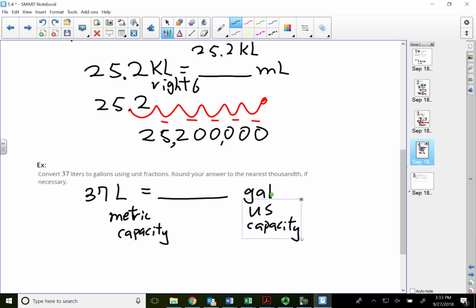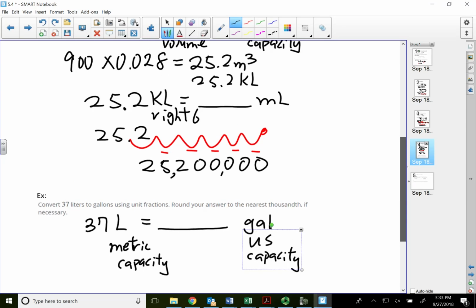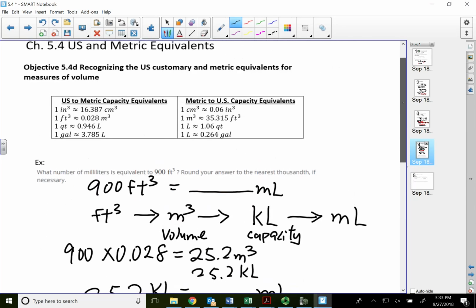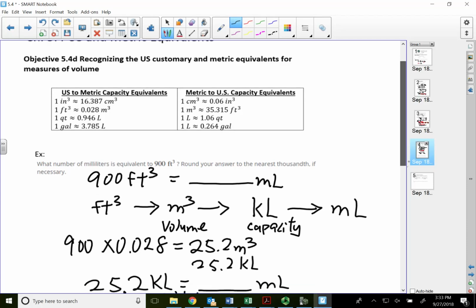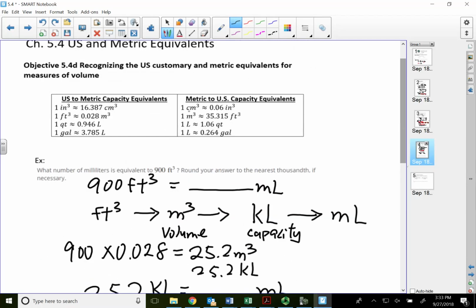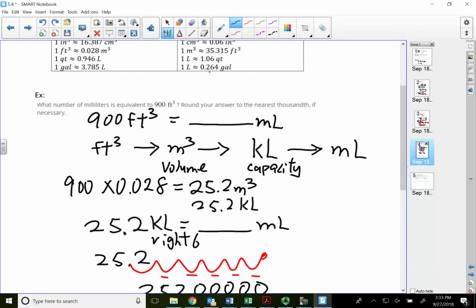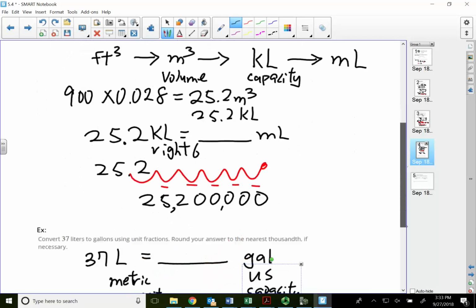All right, let's see if we can piece this thing together, okay? All right, metric to US. I'm starting with liter. Liters can take me straight to gallon. Thank goodness, that's easy. So that would just simply multiply by 0.264.